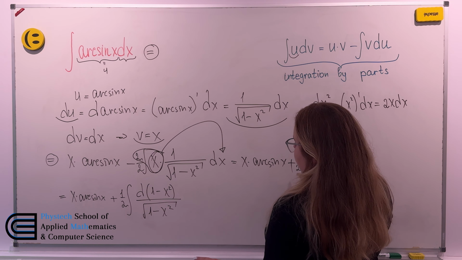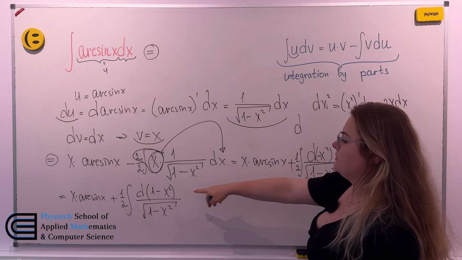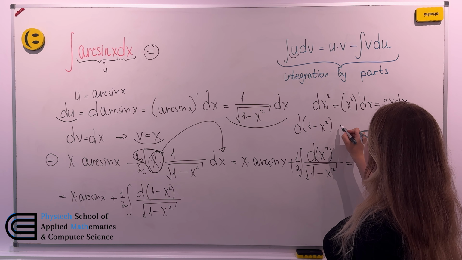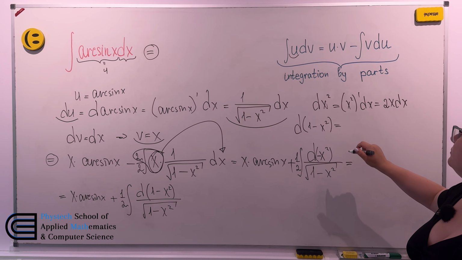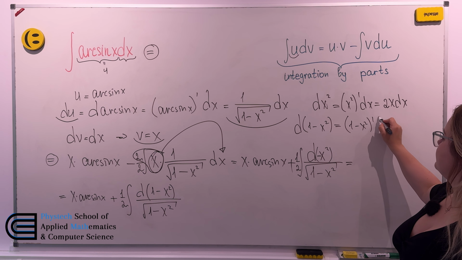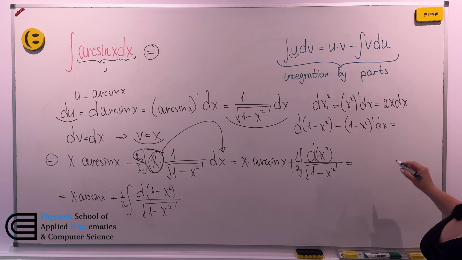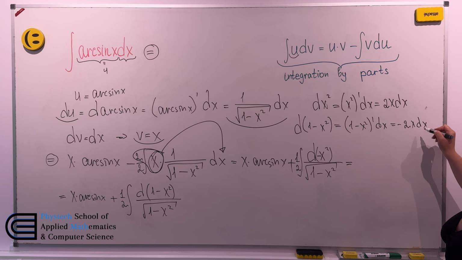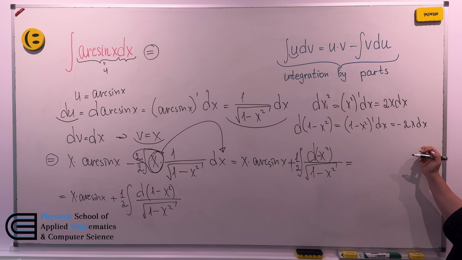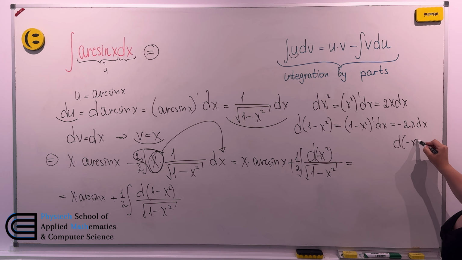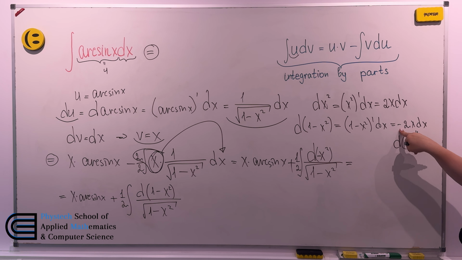We can also check, is this line correct? d of 1 minus x squared equals the derivative of 1 minus x squared dx, and it equals minus 2x dx, and we know that d of minus x squared also will be minus 2x dx.